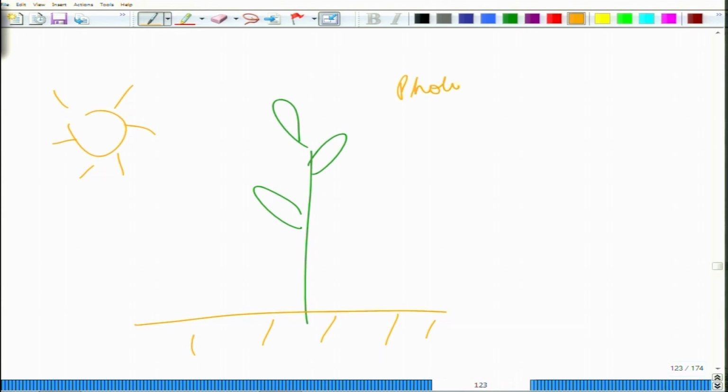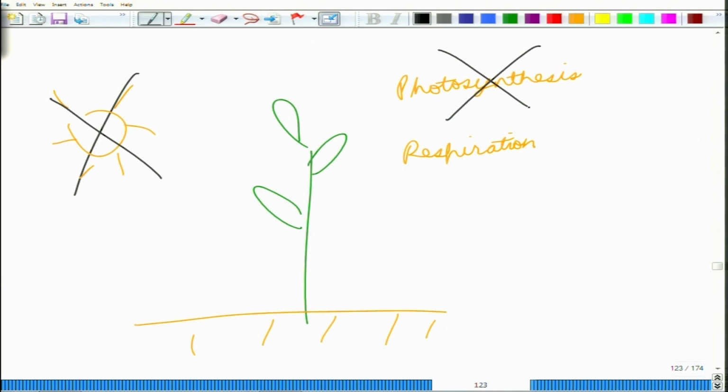One is photosynthesis and the second is respiration. This is during the daytime. During the night time we do not have the sun, so photosynthesis stops and we only have respiration going on. So, respiration occurs at all times, whereas photosynthesis happens only in the daytime, only when light is available.